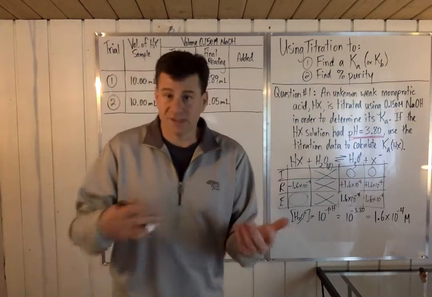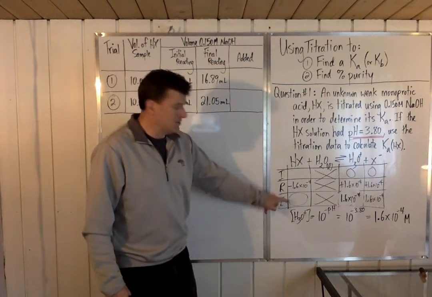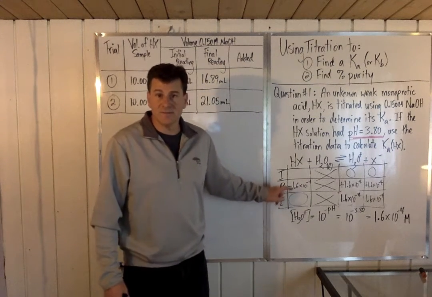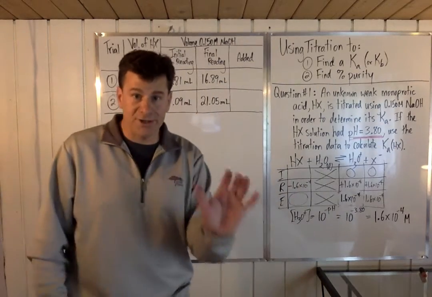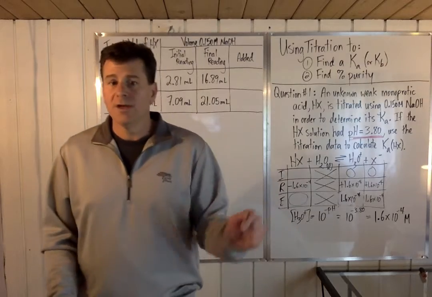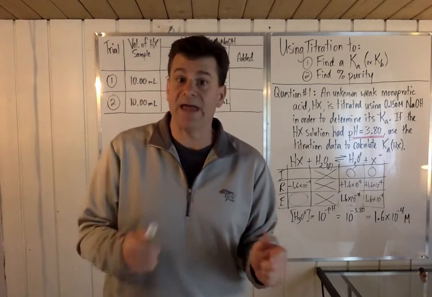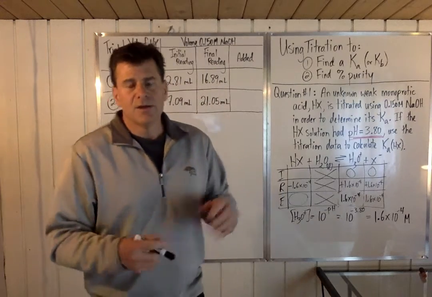Now, what's the purpose of the titration? The purpose of the titration is to find out the concentration of that acid. So it's to fill in that one column that we don't know about. Which value does a titration figure out? That's critical.